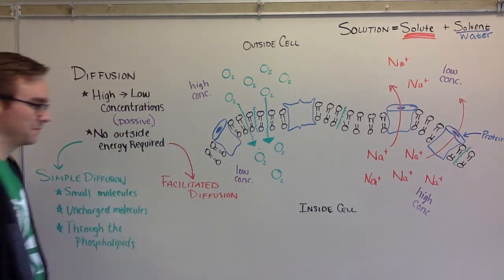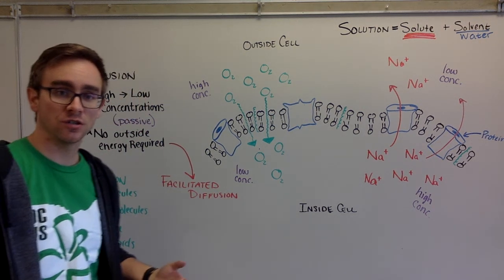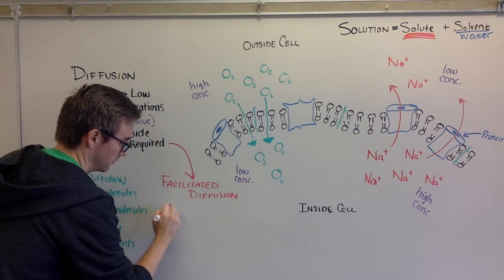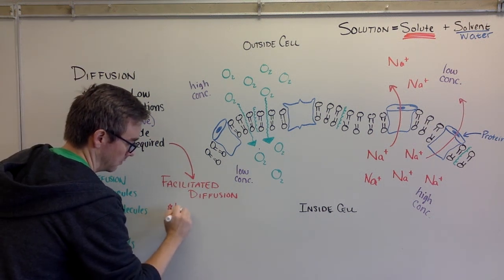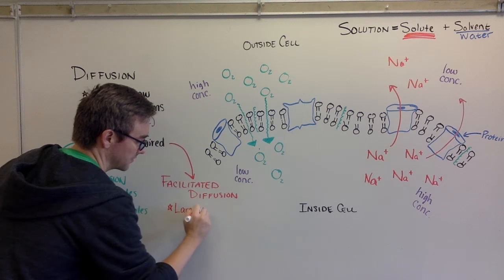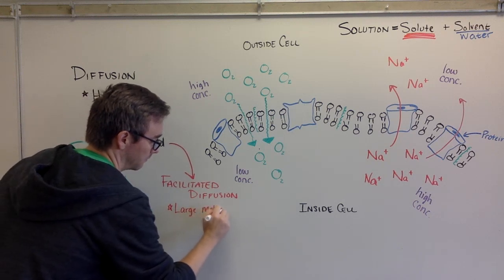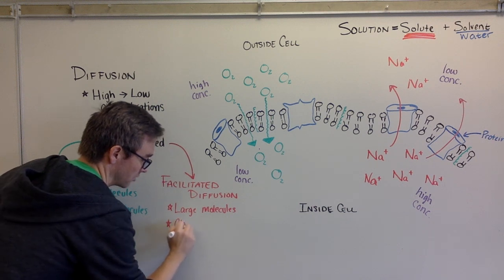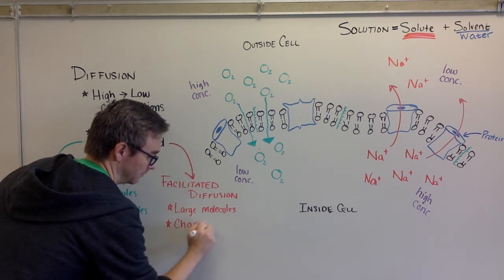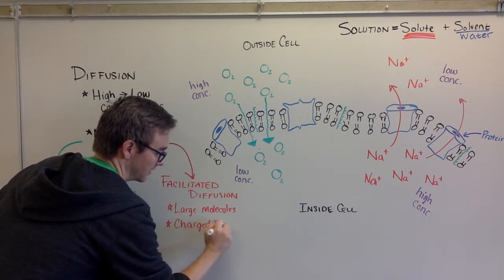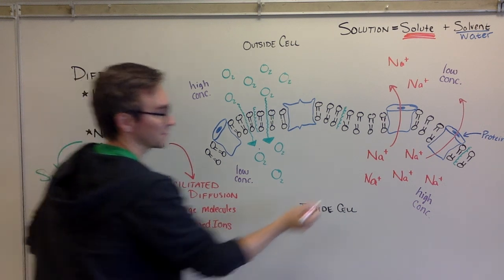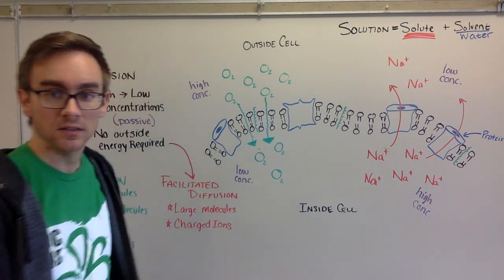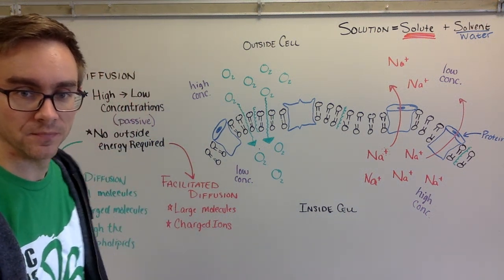Facilitated diffusion. This is either for large or charged particles. Large molecules, charged ions. Again, we can tell what's an ion because if it has this positive charge right here, that's telling me that's a cation. That's an ion right there.